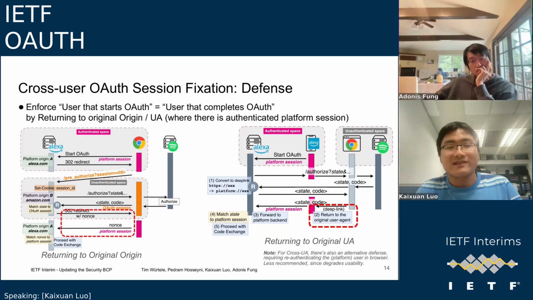So depending on the different deployment scenarios, say whether it's putting this session in state or inventing a new session, or if it's cross-origin or cross-user agent, there could be different variant defenses, but the high-level idea is the same, which is enforcing this user identity matching. Okay, so of course, for the cross user agent case, on the right-hand side, there might be one variant defense.